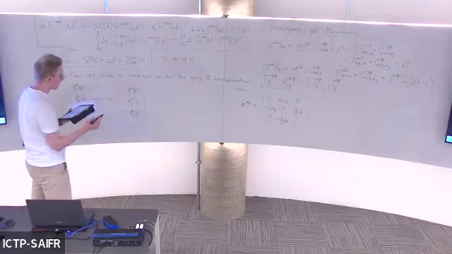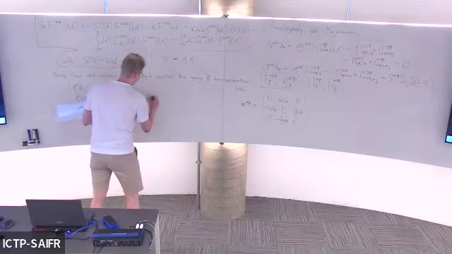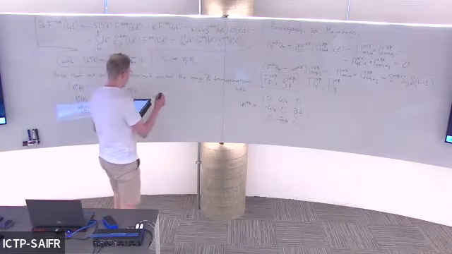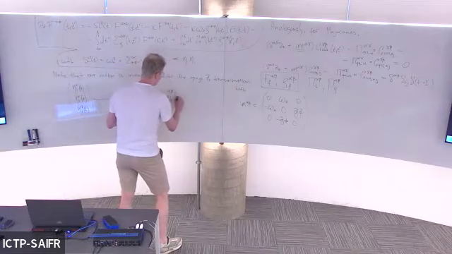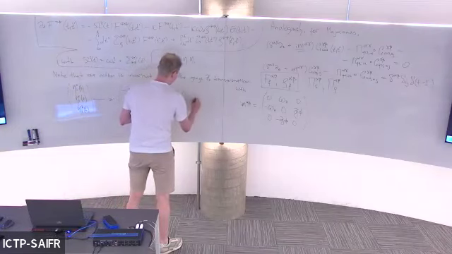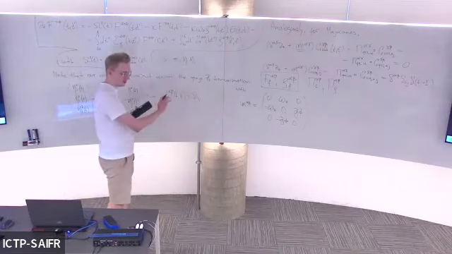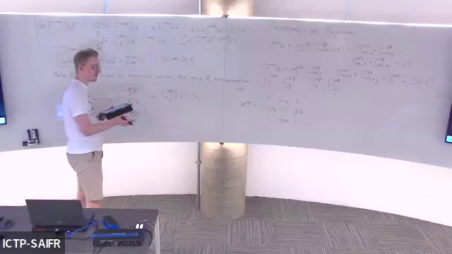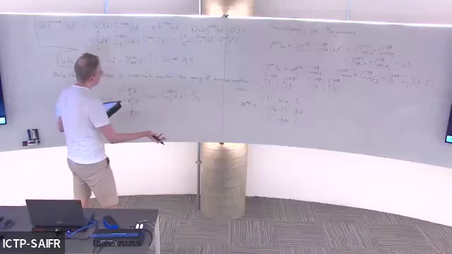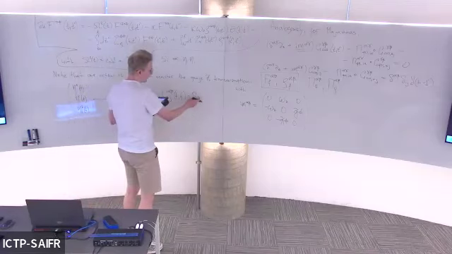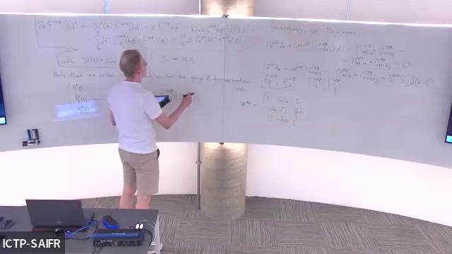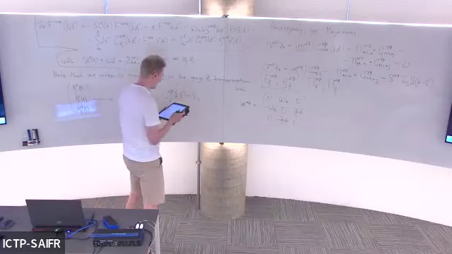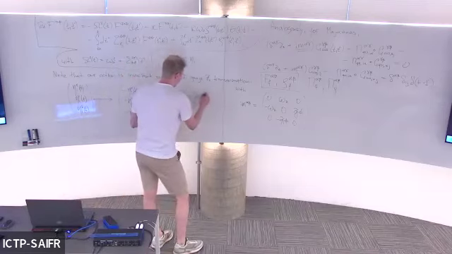But the important takeaway is that it implies our propagators are diagonal in real space, in the space of atomic labels.